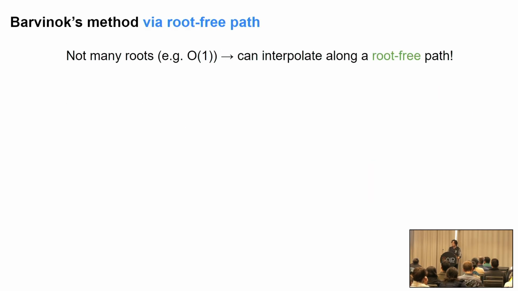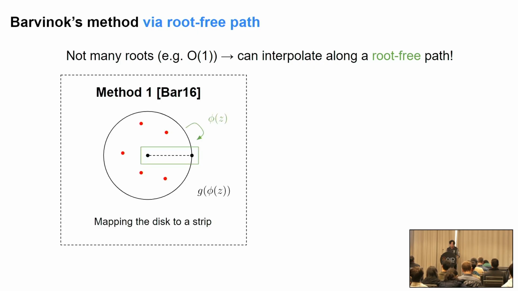So we can actually relax the condition of requiring no roots at all to not many roots. For example, if the number of roots is independent of the degree of the polynomial, then we can interpolate along a root-free path. And there are two methods to do this. The first method is by Barvinok, where one maps the disk of radius 1 into a smaller strip that connects 0 and 1 through another polynomial we call phi(z).